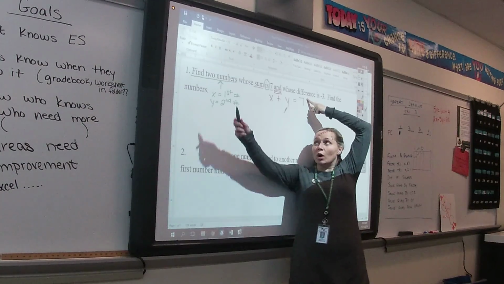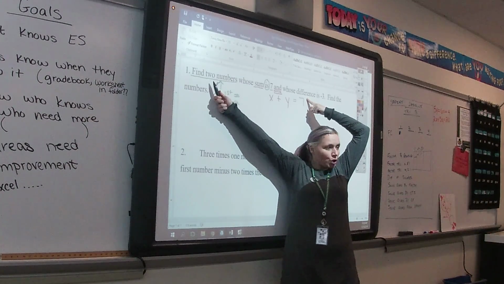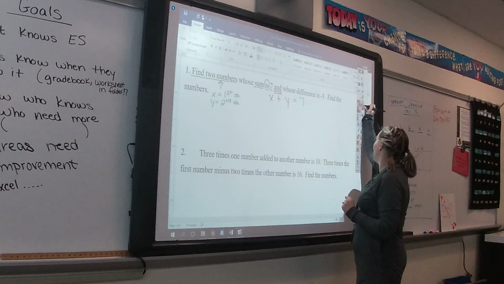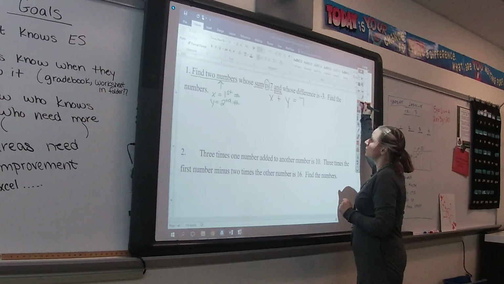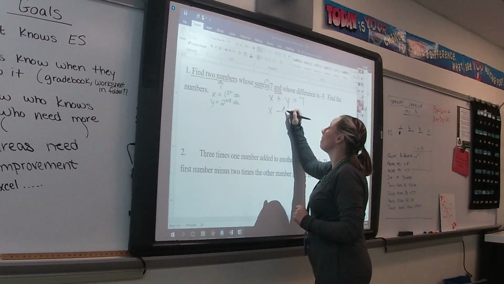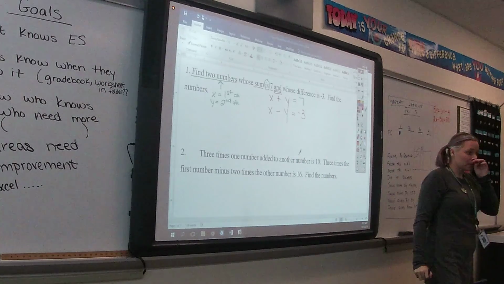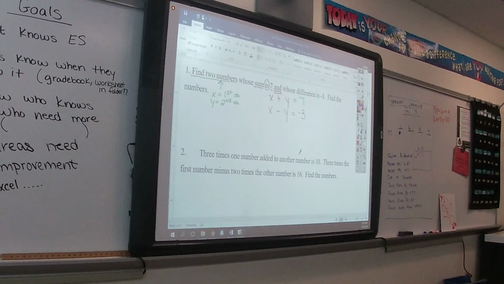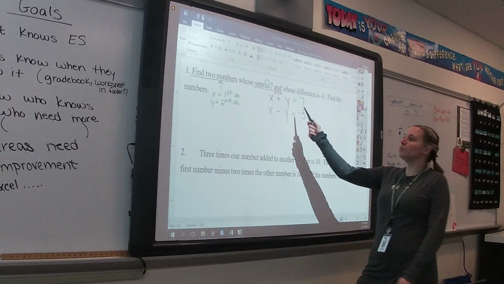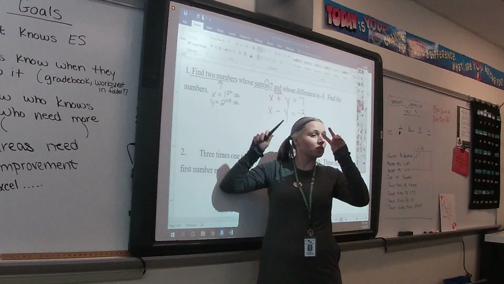Subtract. And what do we want to subtract? Two numbers. So now we're going to do x minus y equals -3. That and says go back to the exact same subject. What was the subject? Two numbers.